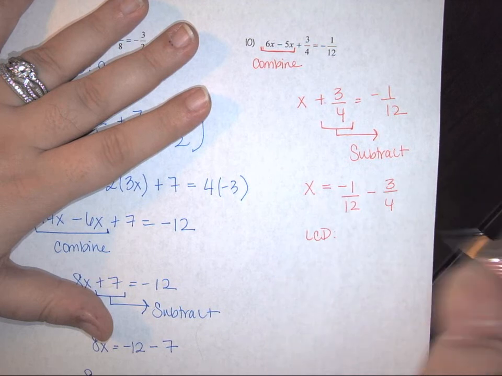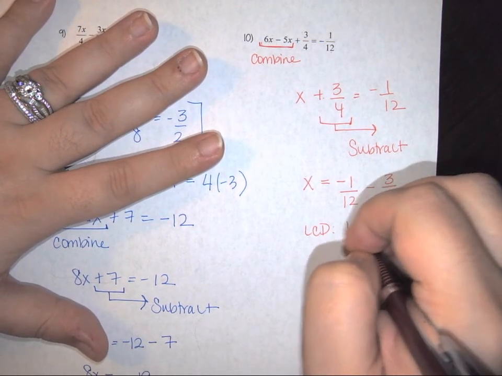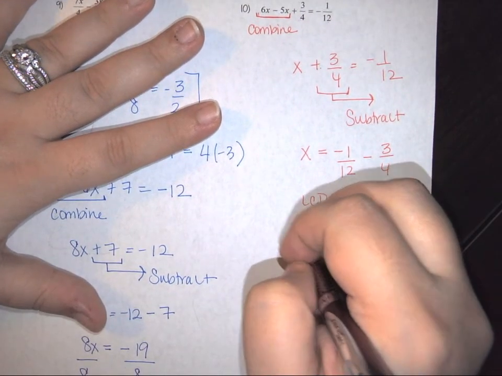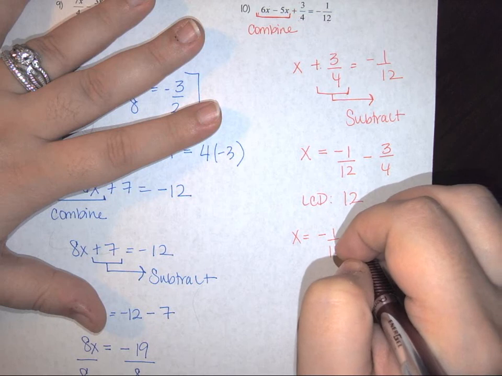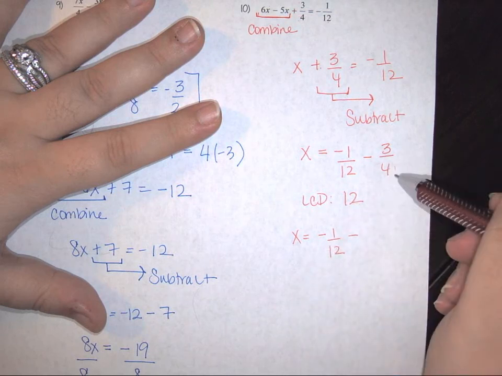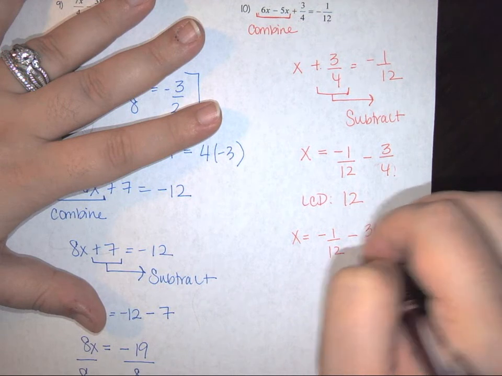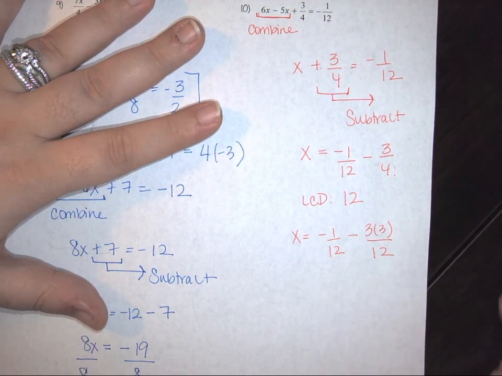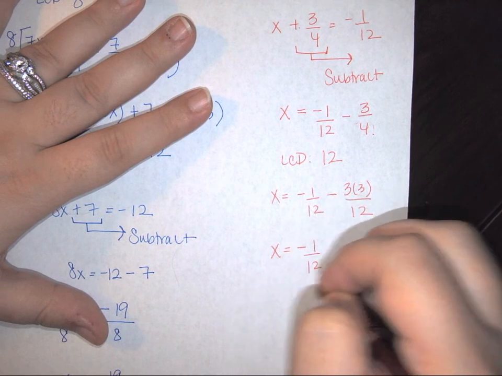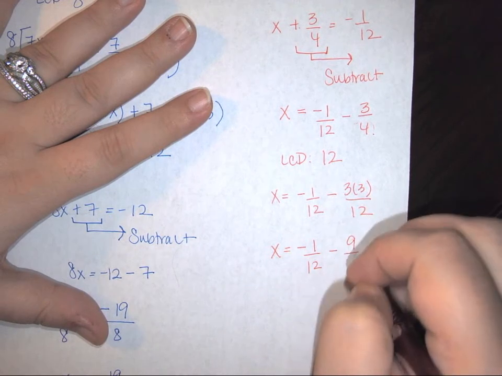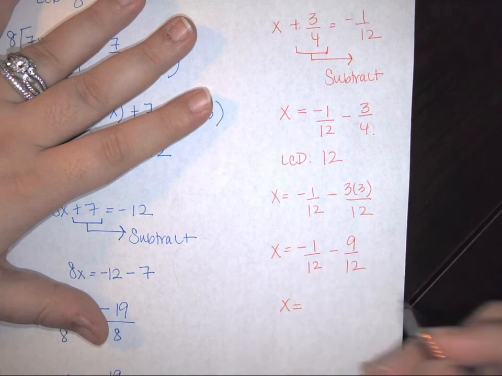When I'm talking about a common denominator here, what's common between 4 and 12 is going to be 12. Therefore, I have that x is going to be negative 1/12 minus, in order to change 4 into 12, I have to multiply by 3. So this is 3 times 3 all over 12. So this is negative 1/12 minus 9/12. So then we're left with, you're going to subtract across the top.